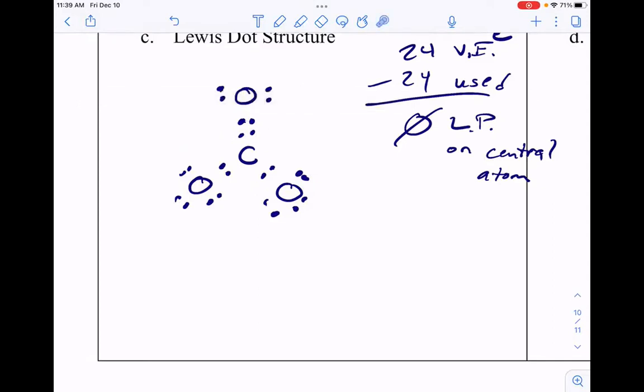And so if I draw a circle around carbon, I have 1, 2, 3, 4, 5, 6, 7, 8. So carbon has the octet. This oxygen also has the octet: 1, 2, 3, 4, 5, 6, 7, 8. Remember, these electrons are being shared, so you can double count them depending on the perspective. All right.